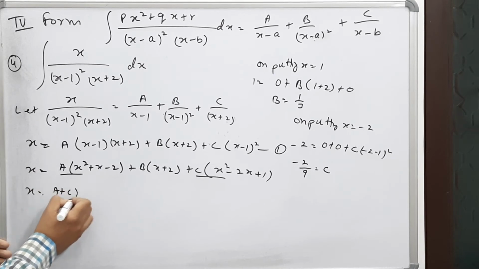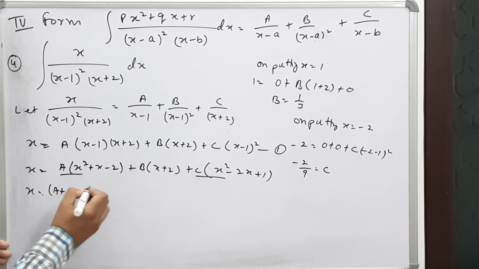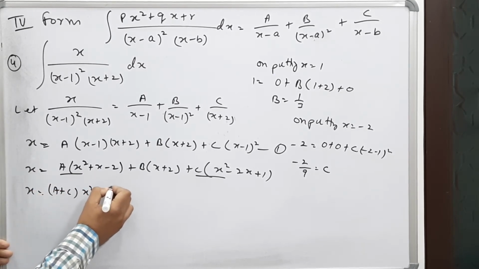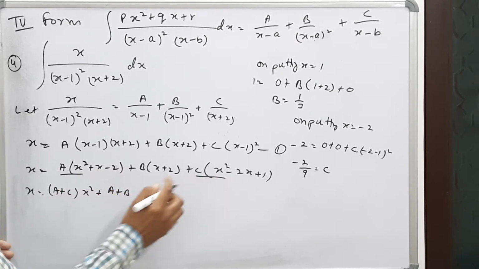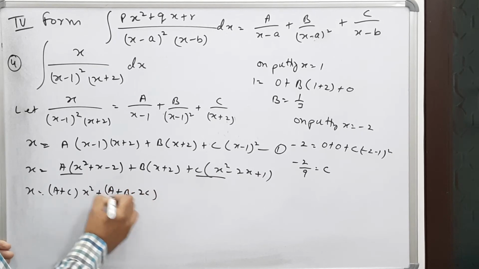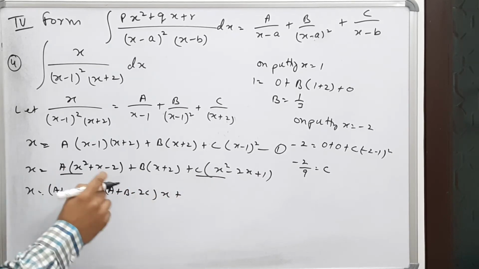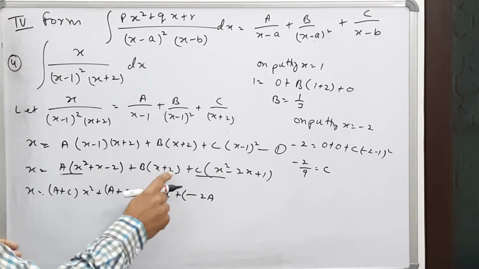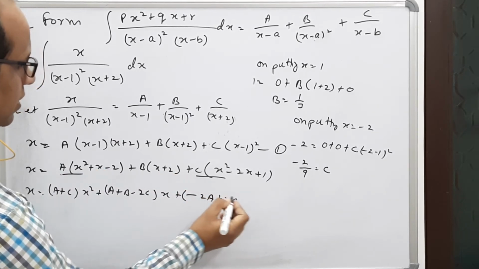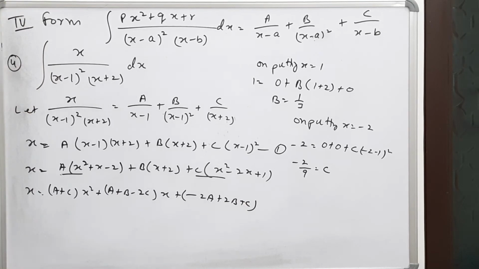So (a + c)x². Then collect the coefficient of x together. It is ax + bx − 2cx. And the last is to collect the constant terms together. So −2a plus 2b plus c.